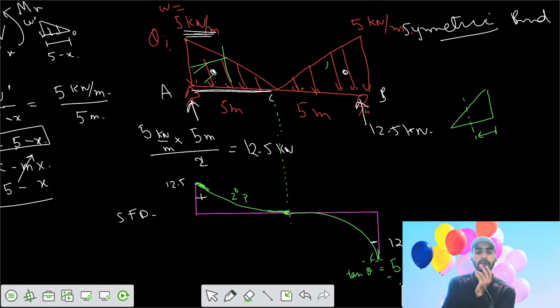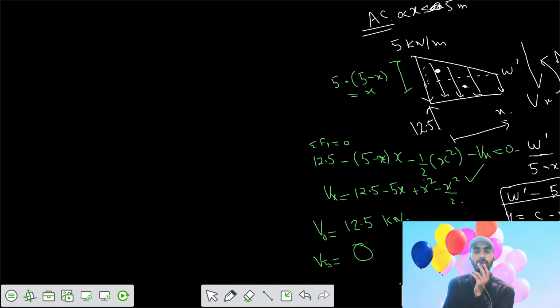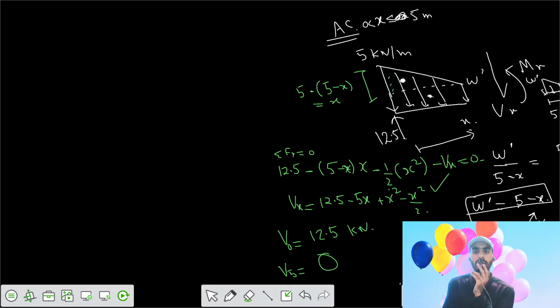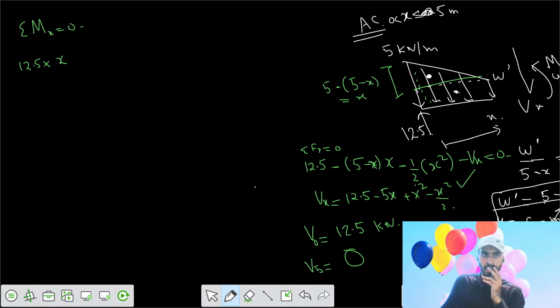Now we need to get the bending moment diagram. For that we need to get the bending moment equation. Let's say summation of moments about x equals to 0. So we write 12.5 for a distance of x, and we have that rectangular portion, that UDL, with the intensity of 5 minus x. So we write -5 minus x.